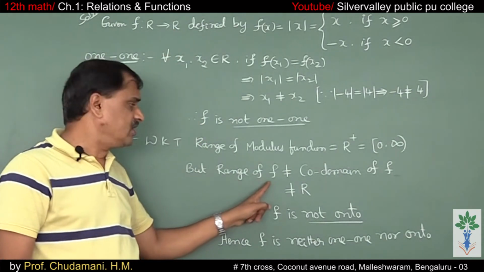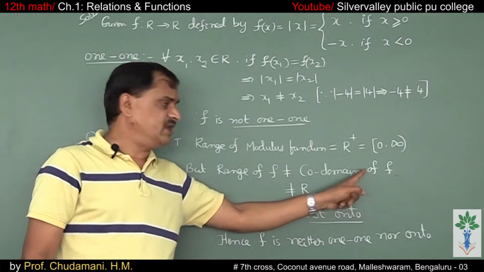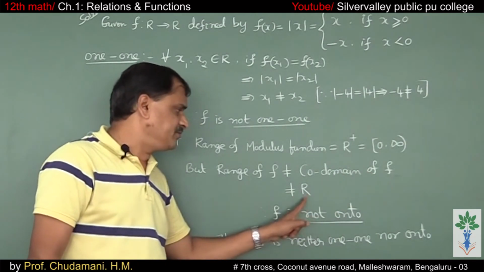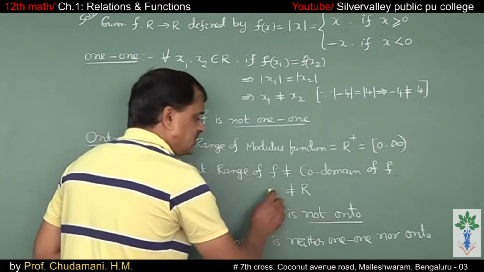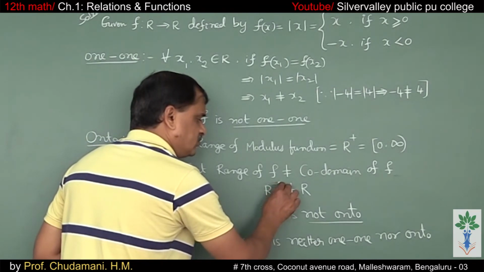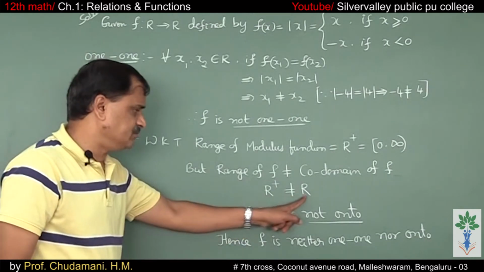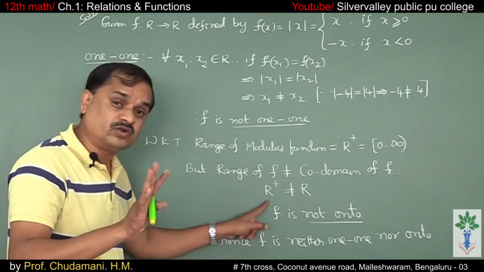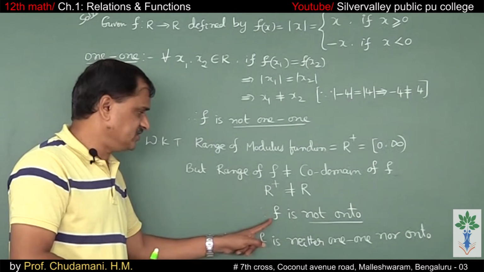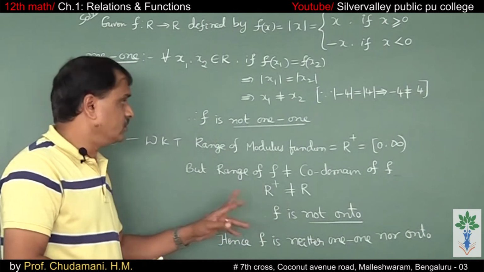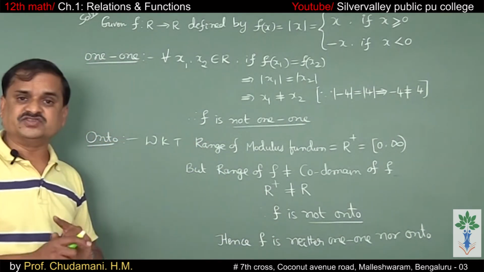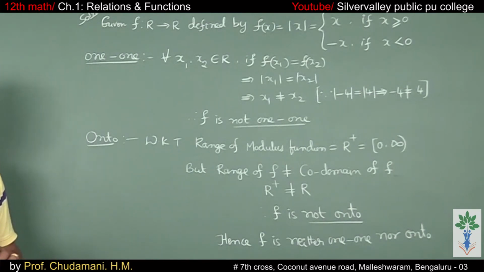So, range of f is not equal to codomain of f. Codomain of f is R, whereas range of f is only positive reals. So, that means f is not onto. Hence, modulus function is neither 1-1 nor onto.